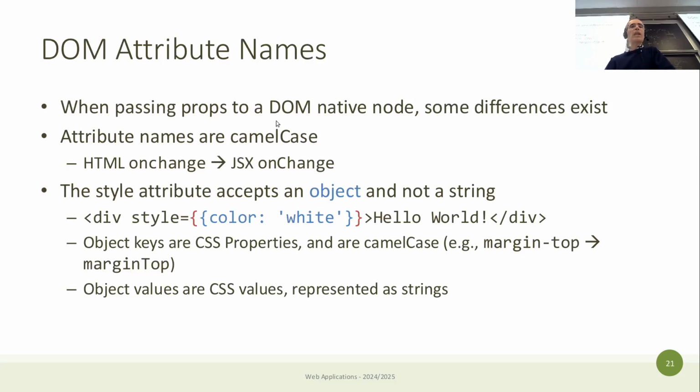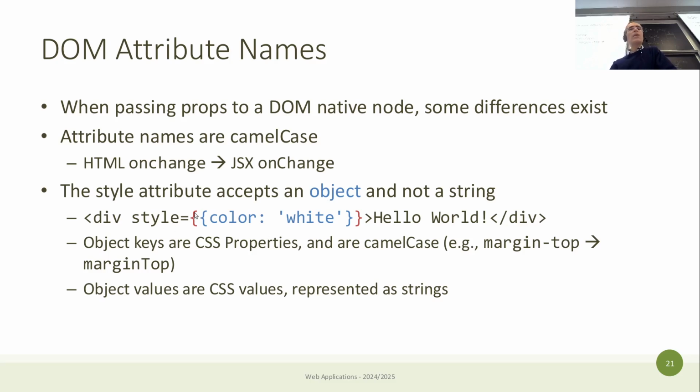Okay, DOM attribute names. Just remember that attribute names are camel case. That means that the first initial is lowercase and the others are uppercase. Like the onChange that we saw before has to be written as on in lowercase and Change with uppercase C. Okay. Just remember that the style attribute, which I hope you don't use so much, takes a JavaScript object and not a string, okay, in JSX.